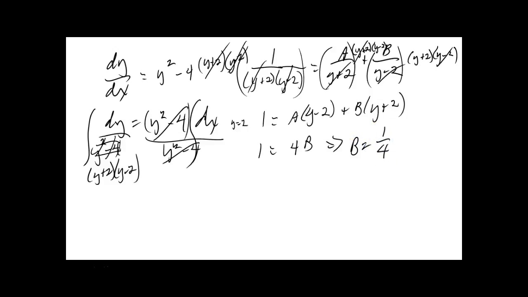Okay? And what's another thing we could do? Go back to this equation. But this time, let's put y equal negative 2. The 1 stays a 1. What happens here?